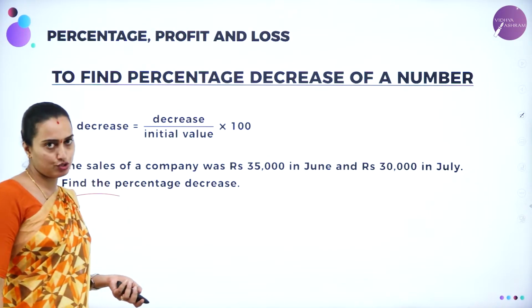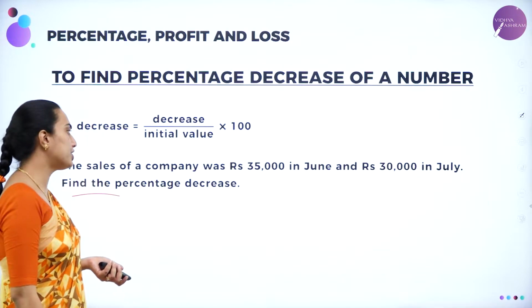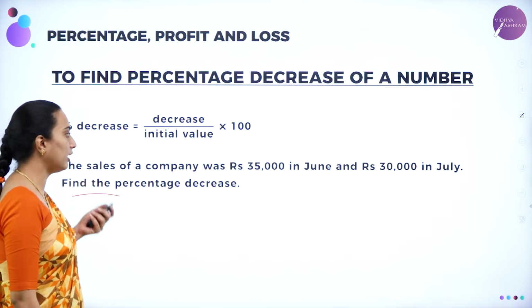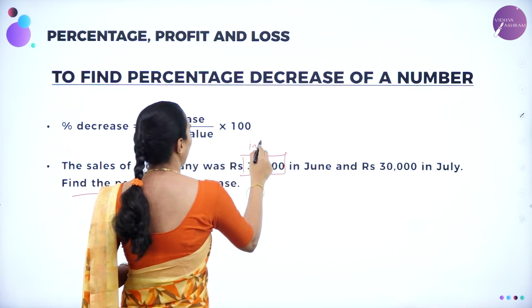Find the percentage decrease. So same, what is the initial value? You are going to take the initial value as 35,000, isn't it? 35,000 is the initial value.